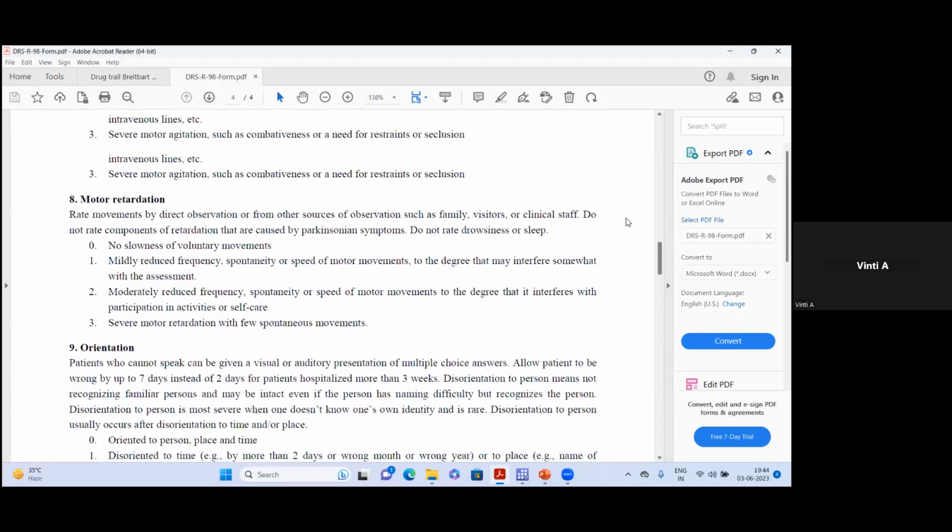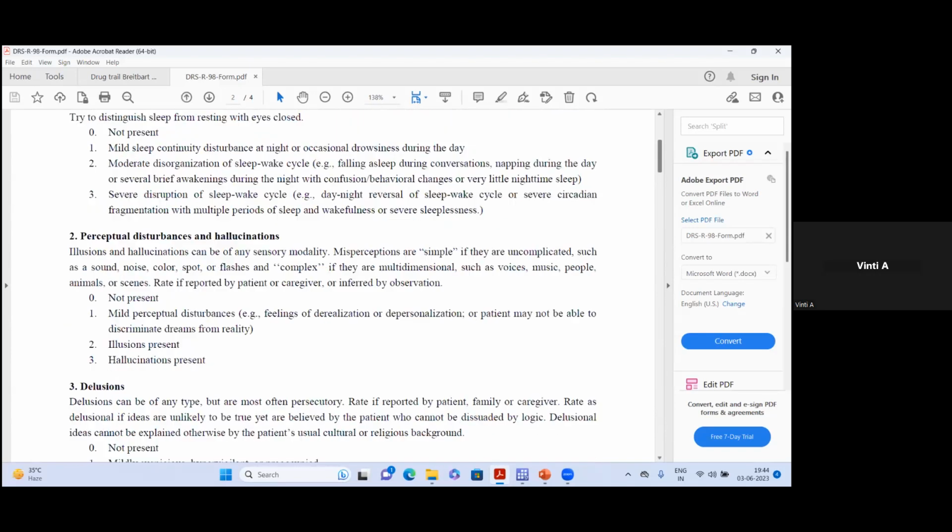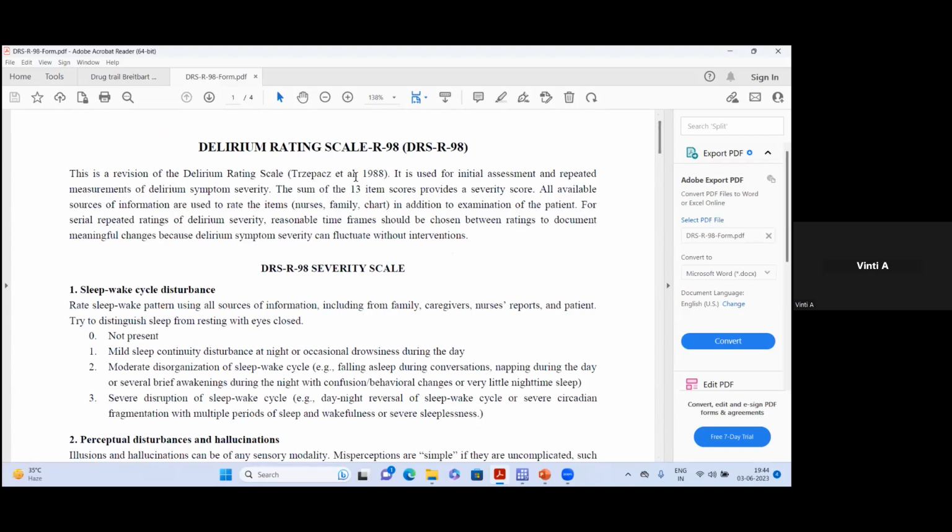So there are 16 elements, and all this together makes the construct of a delirium rating scale. Got this? Yes.